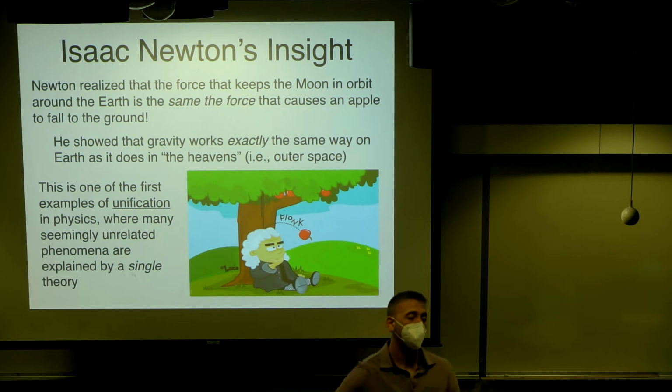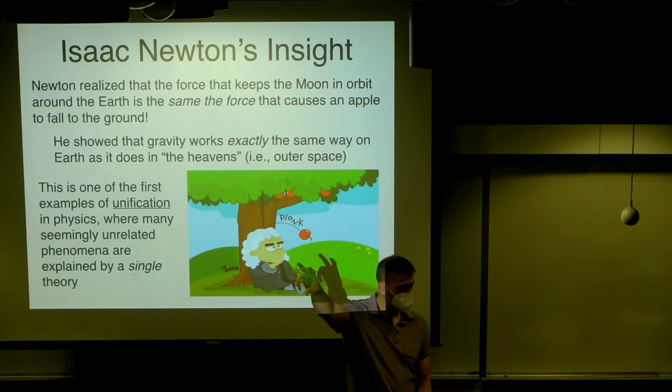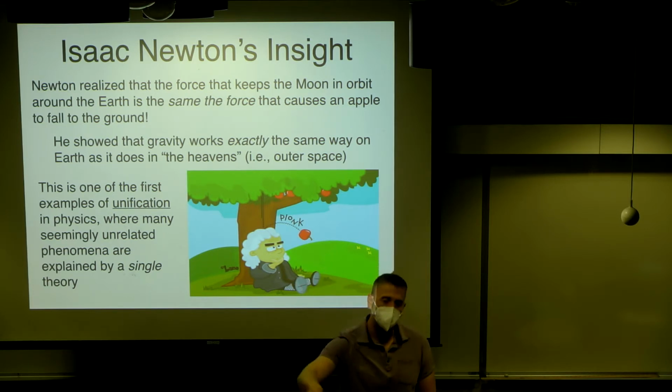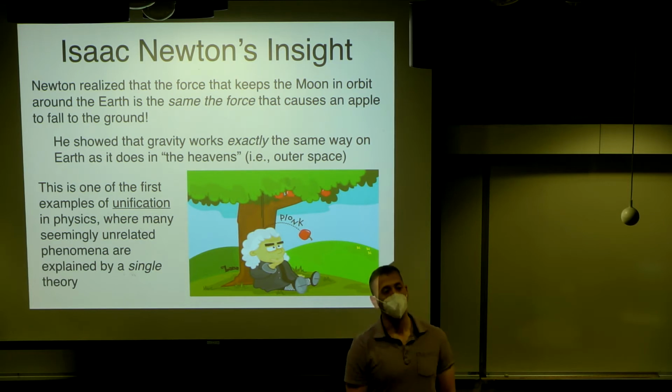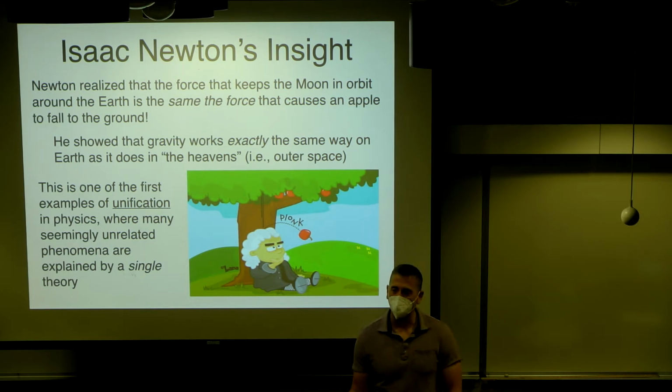And it actually works the same exact way down here on Earth as it does out there in the heavenly bodies. Okay? So in other words, the same exact equation can describe how an apple falls out of a tree and why the moon stays in orbit around the Earth. And that might not seem like a big deal right now, but back then that was a huge shift in thinking.